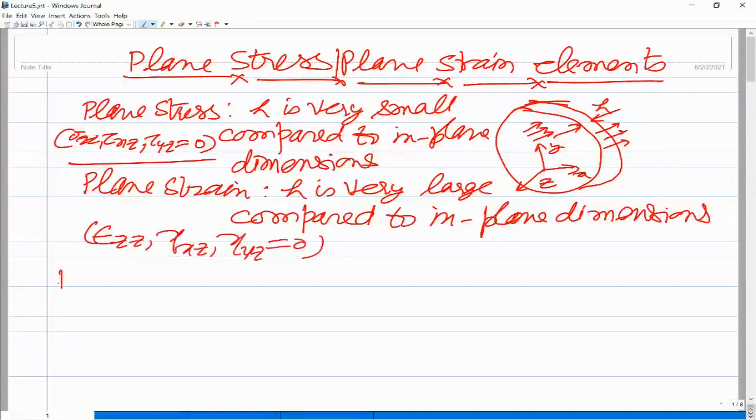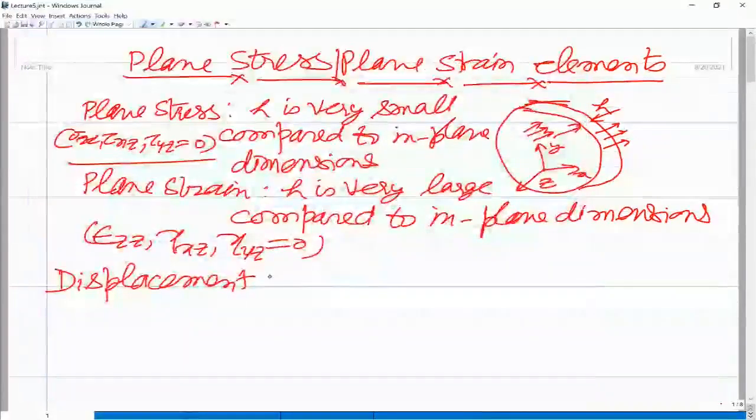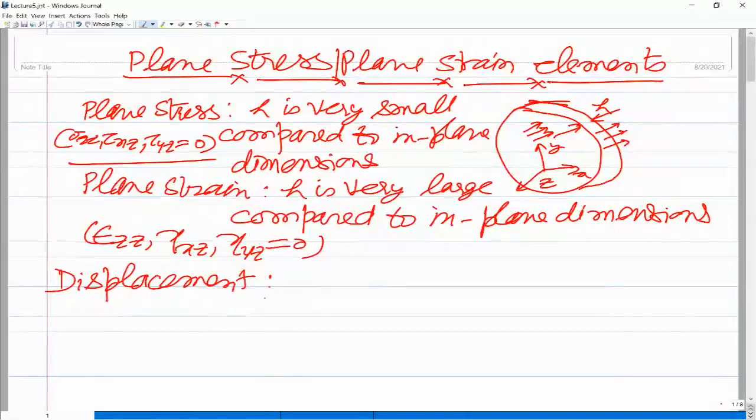Now let us say the displacement field within the body. We will have two independent displacements along x and y. x and y are along the in-plane dimension, and z is along the thickness.